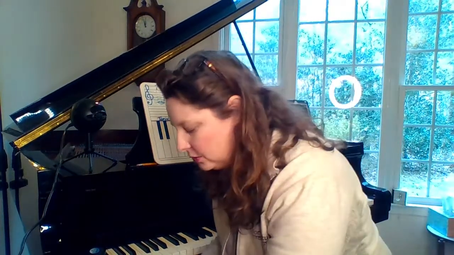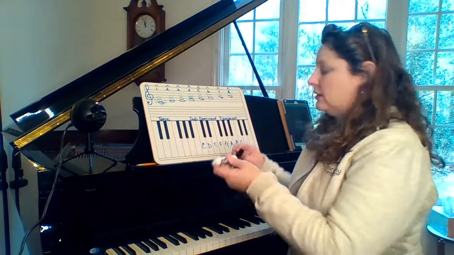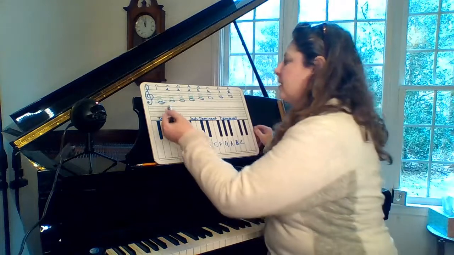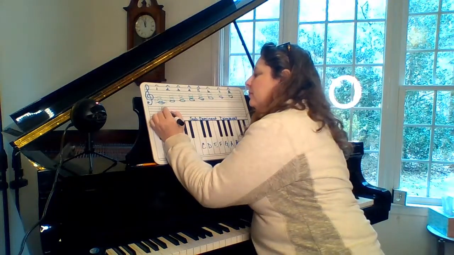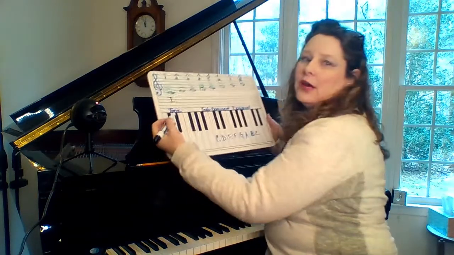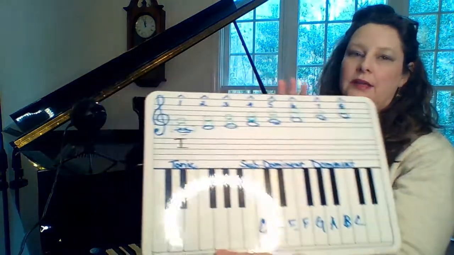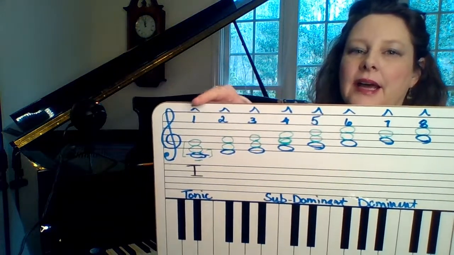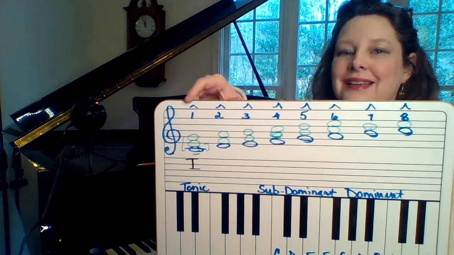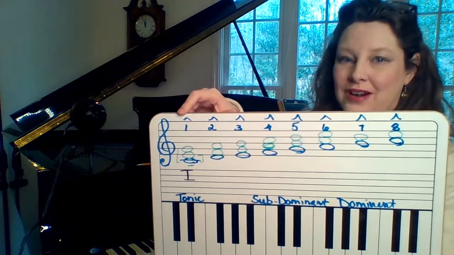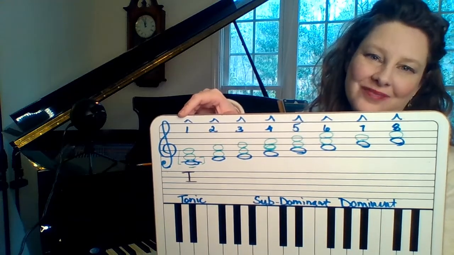Instead, we refer to those chords with Roman numerals. So I am writing in the Roman numeral 1 to indicate that the C chord is the 1 chord, and it's a Roman numeral 1.